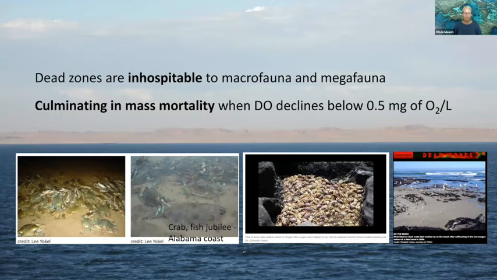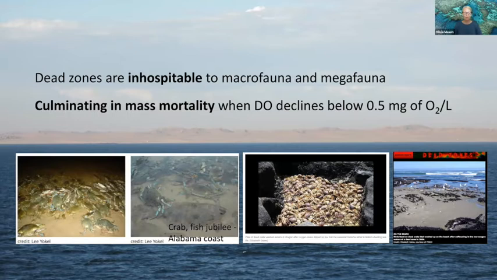All right, so we have very visual evidence of the stress that low dissolved oxygen places on larger organisms in these environments. Dead zones are inhospitable to macrofauna and megafauna. This is what we refer to here as a crab jubilee. I don't know if that's just an American expression, but when you have low oxygen conditions where organisms cannot obtain sufficient oxygen to carry out their metabolism, they will actually flee the water column.